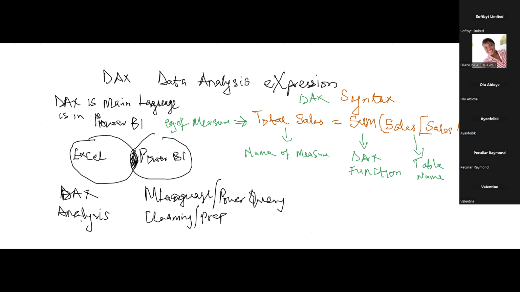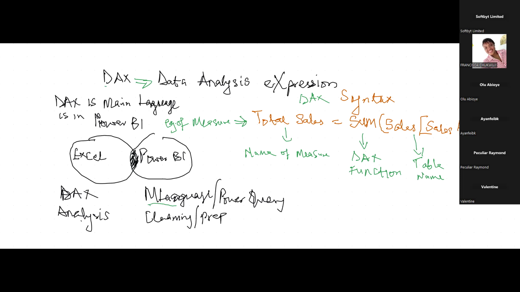Any question? Please, can you explain that again, please? Go on. That's fine. So DAX stands for Data Analysis Expression. It is the main language used by Power BI. So you know that in Power BI, we have the Power BI side and we have the Power Query. On the Power Query, we have the M code or M language powering the Power Query.